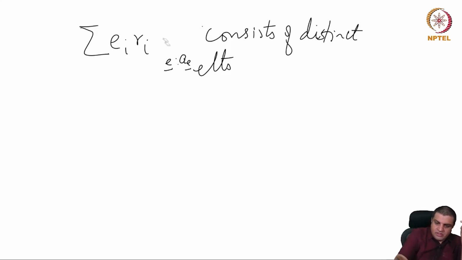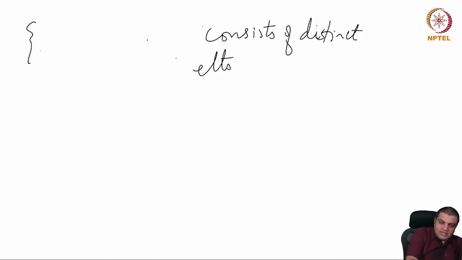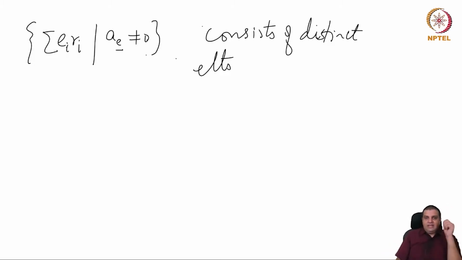Sorry, I'll just rewrite this set. So this collection of the sums of e_i r_i, where E is chosen such that a_E is not 0, because only those will come into consideration when we expand f. Those are the only terms of f.